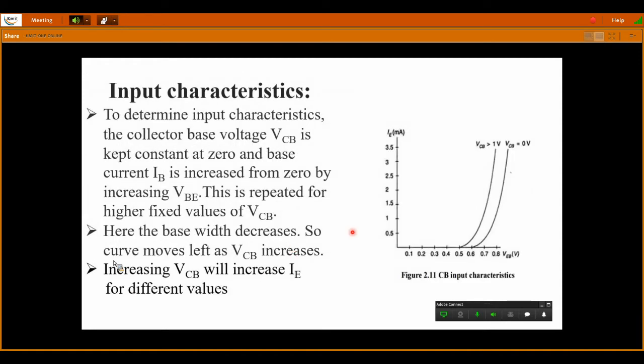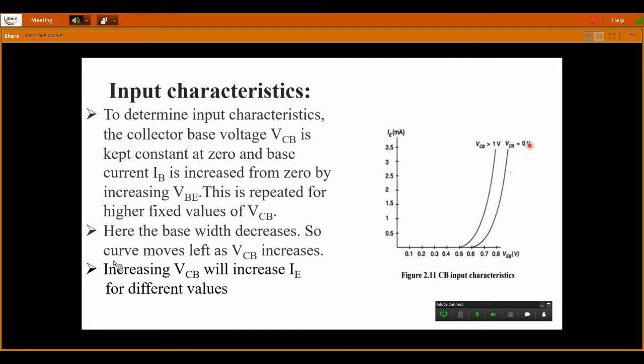So like that we will find your input characteristics. This is the curve which gives the input characteristics. On the x-axis we took the input voltage, on the y-axis we took the input current, with your output voltage constant. So let me start with VCB equal to 0.